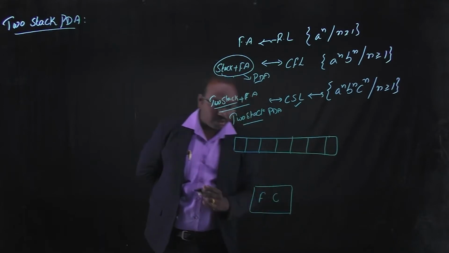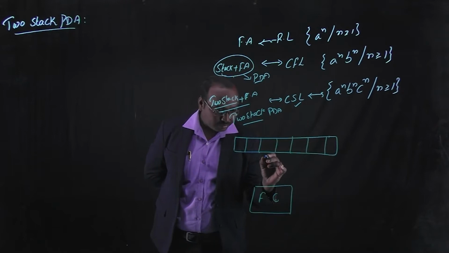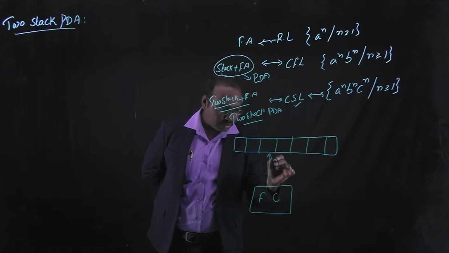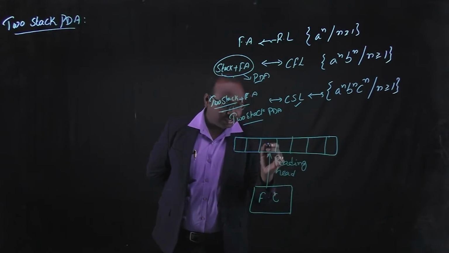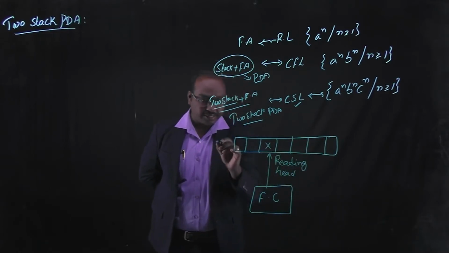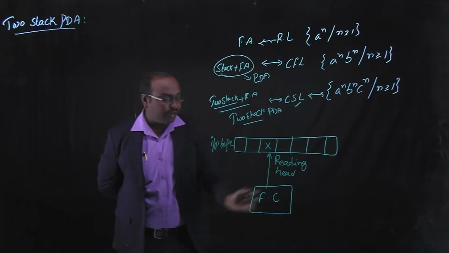This is the reading head, and the input symbol is, for example, X.